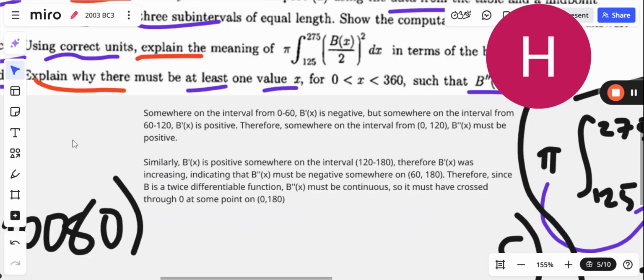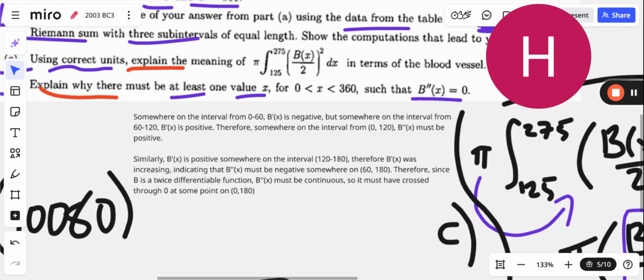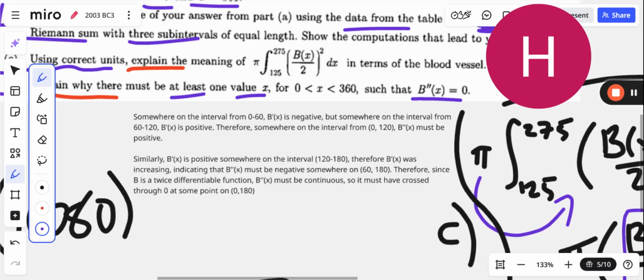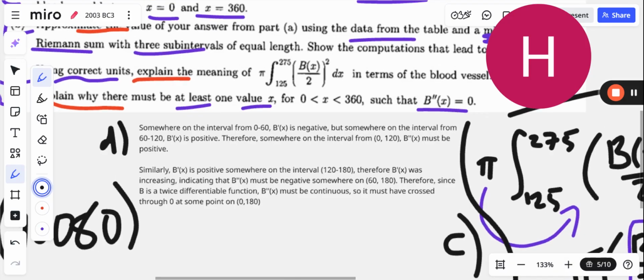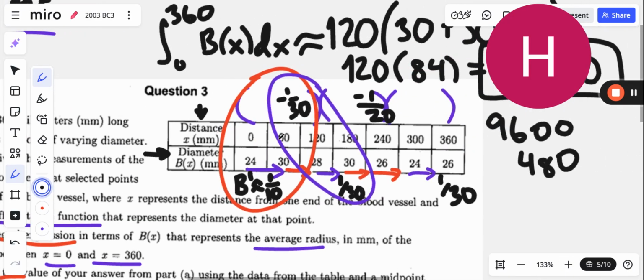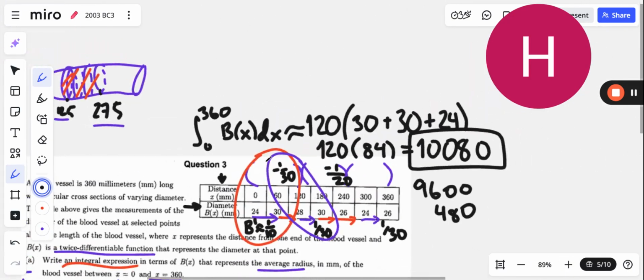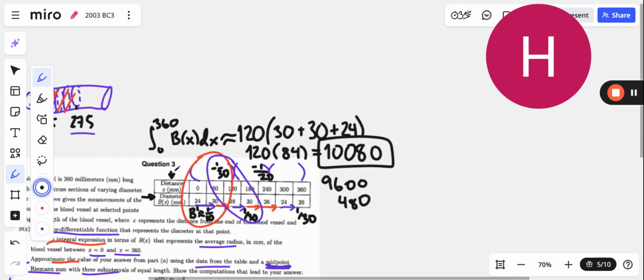All right, so a kind of wordy explanation, but I just didn't want to simply talk. I didn't have too much to draw. I had a lot more to say. So that will be our explanation for part D. Again, we know that the slope of B, we can even sketch it, to be honest.